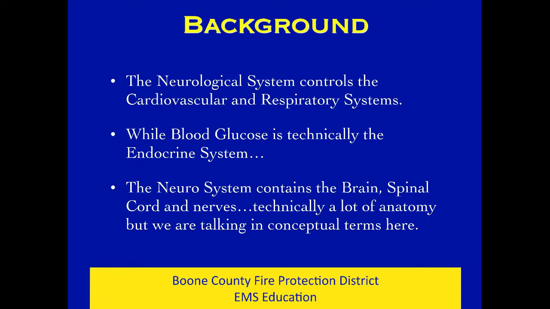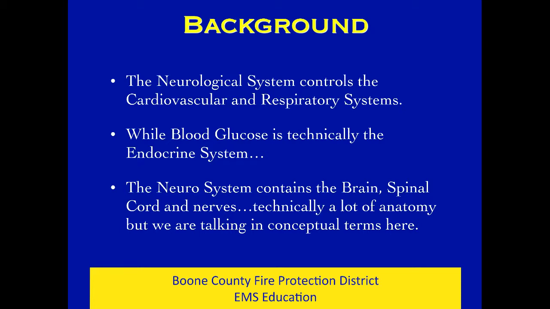Anytime we talk about neurosystem and command and control issues, we need to talk about blood glucose also, and we know that that's part of the endocrine system. But for purposes of this, we're kind of conceptualizing blood glucose as part of this whole neurological system function, because your brain needs a continuous and adequate supply of both oxygen and glucose.